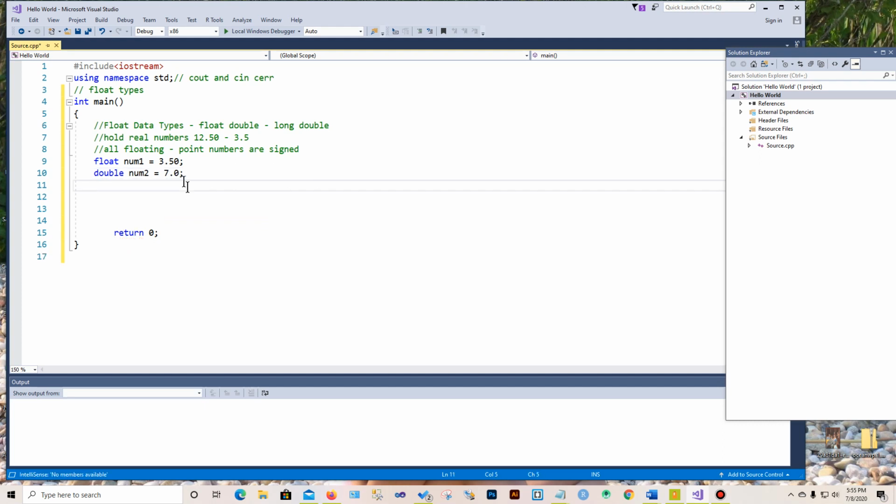And the last one is long double, and that also holds a big number. Sometimes the numbers here behave like scientific numbers.